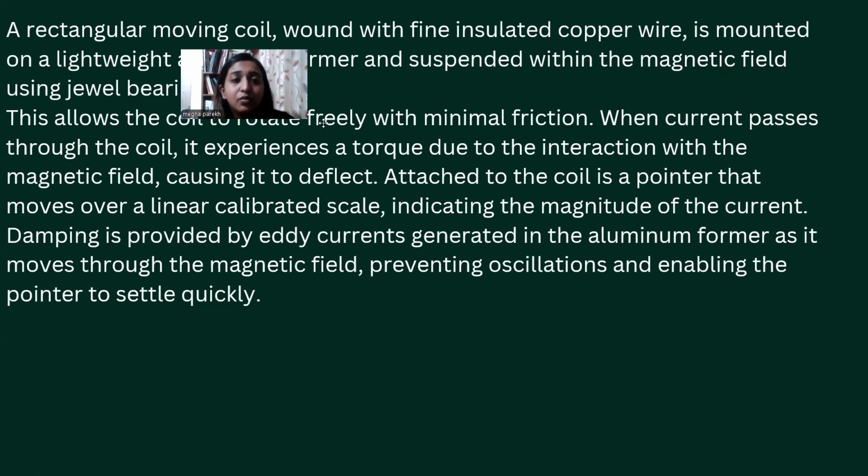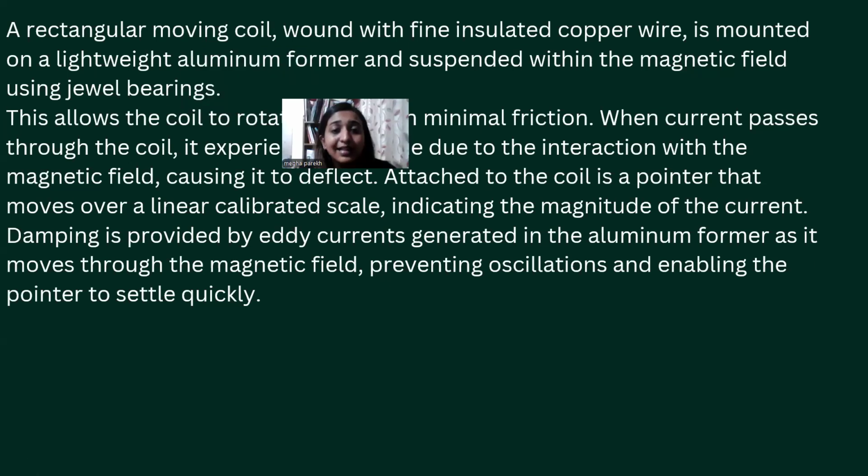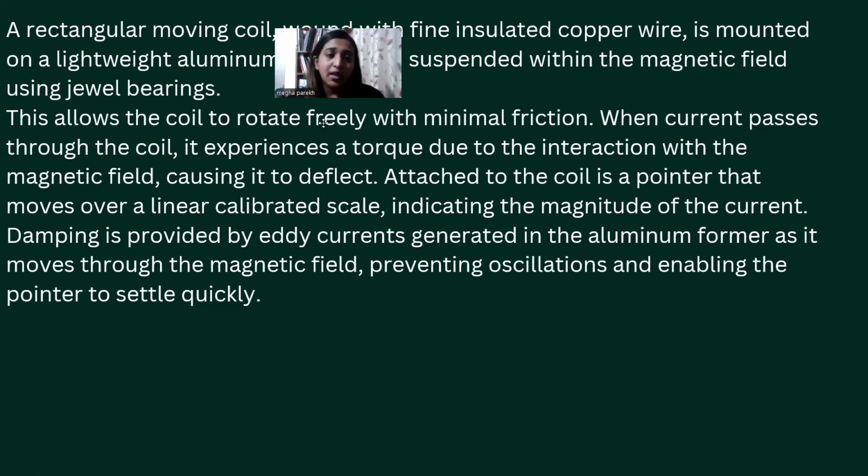A rectangular moving coil wound with fine insulated copper wire is mounted on a lightweight aluminum former and suspended within the magnetic field on jewel bearings. This allows the coil to rotate freely with minimum friction. When current passes through the coil, it experiences a torque due to the interaction with the magnetic field, causing it to deflect.